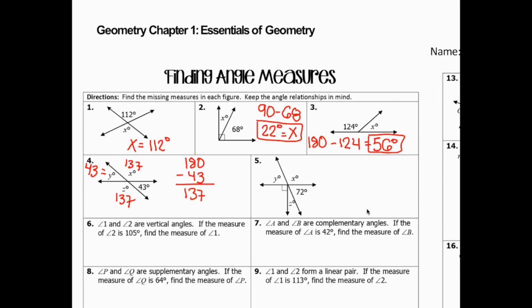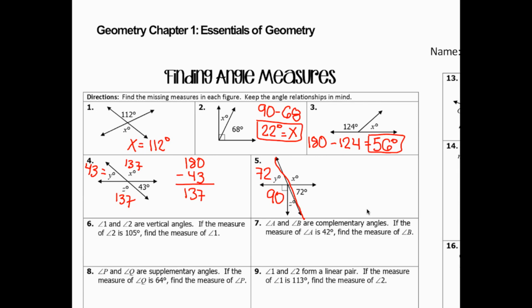Okay, next up. So again, y is vertical to 72. So I'm going to say that's 72. Then I know that this here is 90. Okay, so I also know that y, 90, and z would have to add up to 180 because they form a line all together. This line here, they all add up to 180 to form that line.